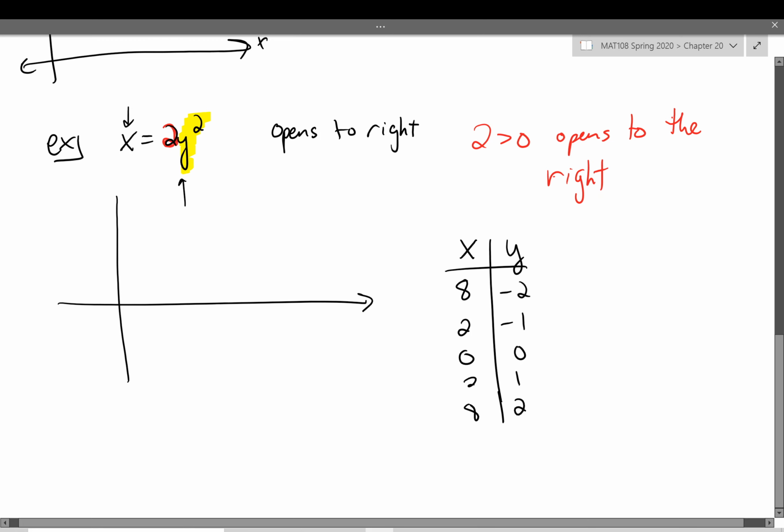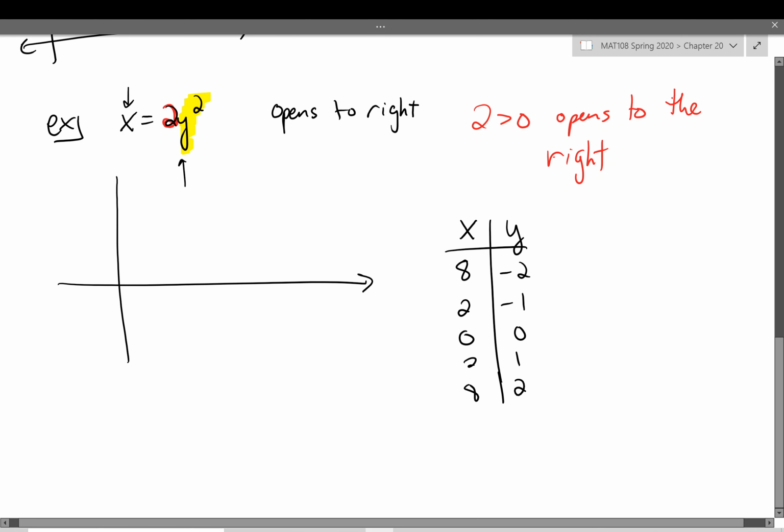Now, if I were to graph this, let me put some marks here. That's going to be 1, 2, 3, 4, 5, 6, 7, and 8, and then 1, 2, negative 1, negative 2. So we have the point 8 comma negative 2, which is going to be all the way down here. We have the point 2 comma negative 1, which is going to be right here.